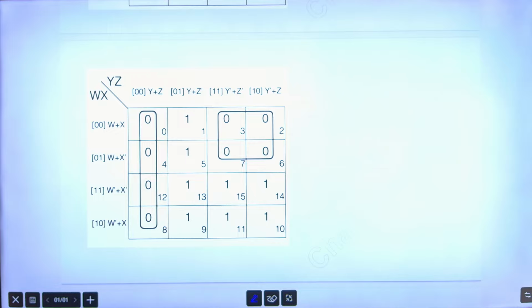Here what will be the answer? Try this one for this POS. Answer, everyone.